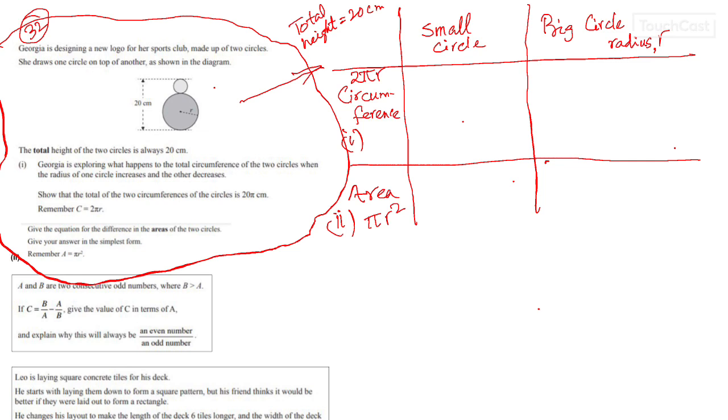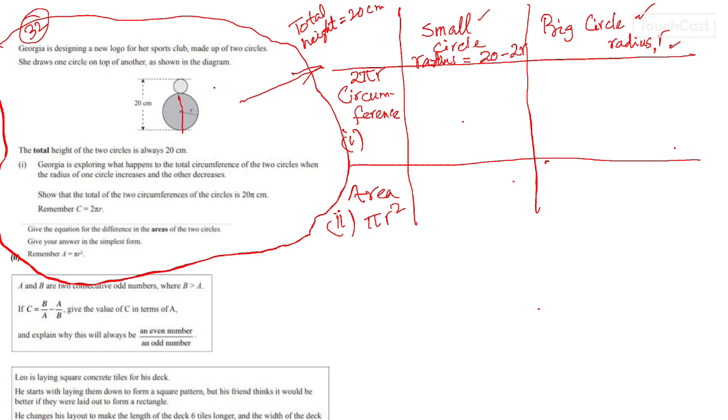What I've done, I have sort of drawn a 2 by 2 table, and I called a small circle, big circle with a radius r. So the radius of this one would be 20 minus 2r, because this is the diameter of this is 2r.